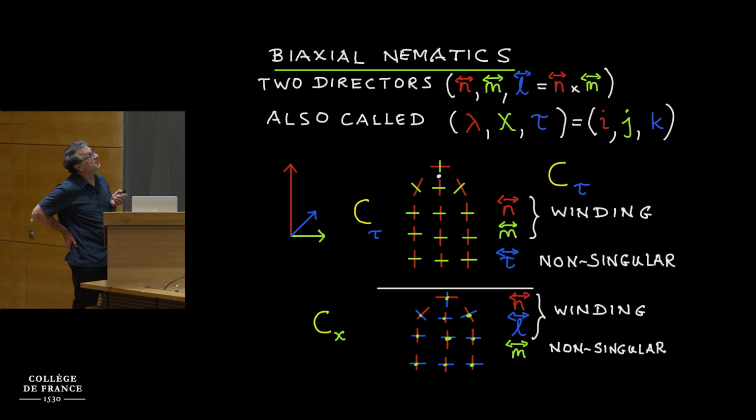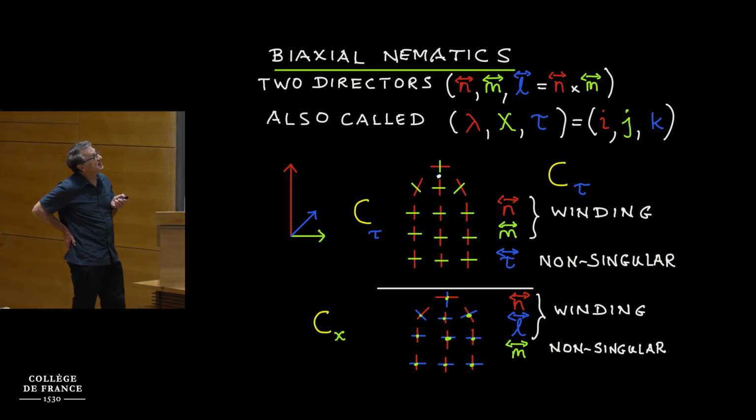In the literature, they're often called lambda, chi, and tau. And really, it's easiest to think of them as I, J, and K, where these are like complex numbers, and I'll explain why. So now what are the structures? You can have, say, this first director N winding, as in the +1/2 like structure, and the second one, M, also winding, which means the third doesn't wind.